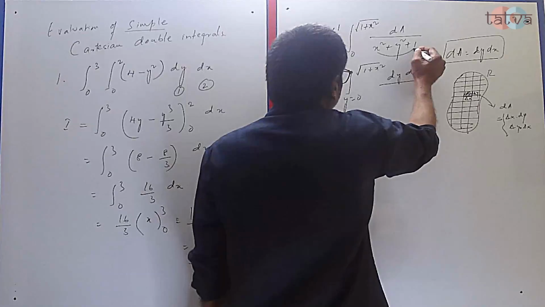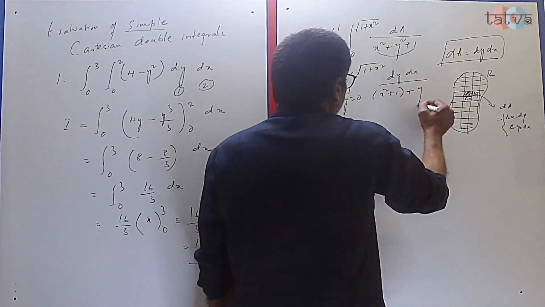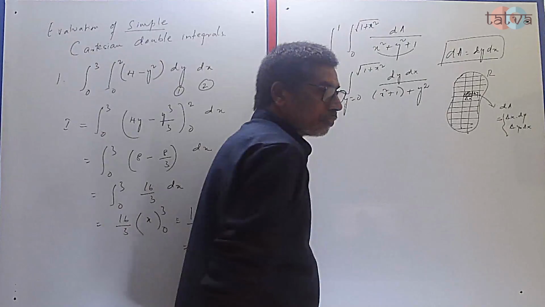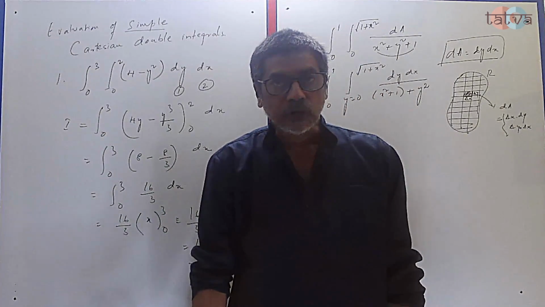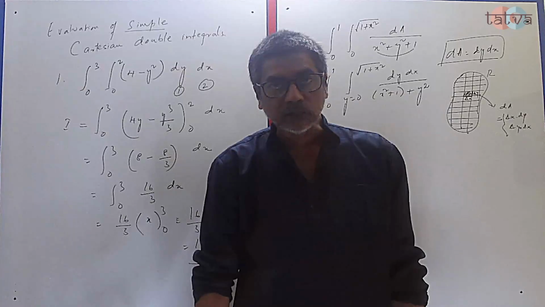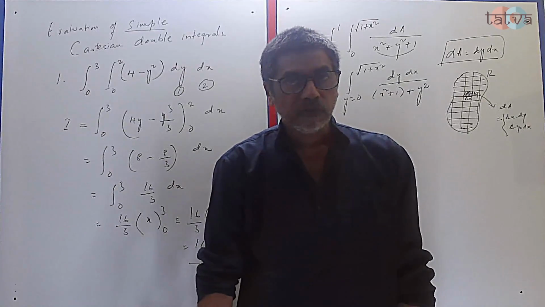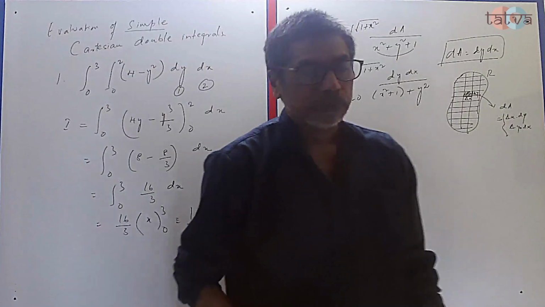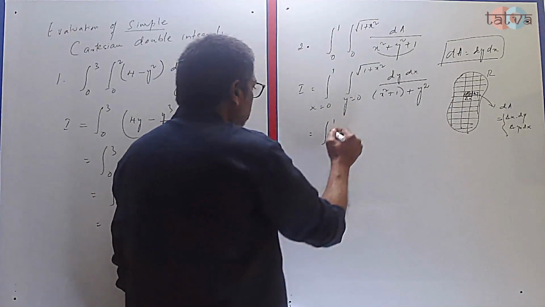Then you bring together x squared plus 1. Then write plus y squared. So this x squared plus 1 will act as a constant with respect to y, because that is the first variable we are going to use for our integration. But you must know how to handle this expression.